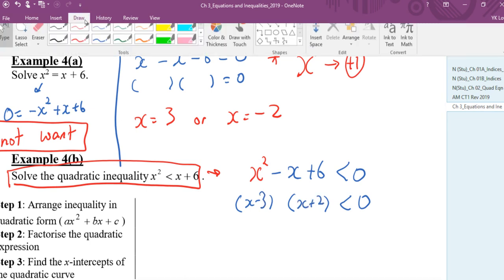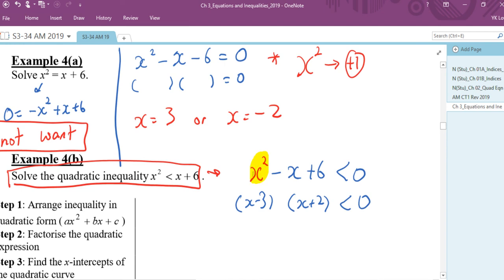Can you also highlight the x squared? It was red for a reason. You must make it positive.